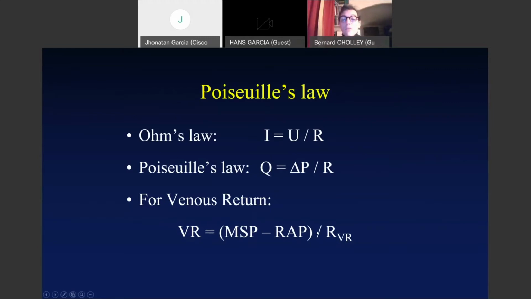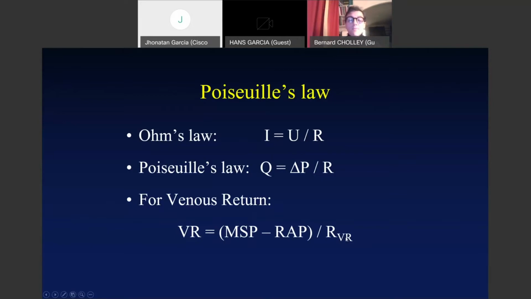And the flow of venous return is inversely proportional to the resistance of the veins themselves. So in this equation, we've got the 3 determinants of venous return: mean systemic pressure, right atrial pressure, and resistance of the veins.